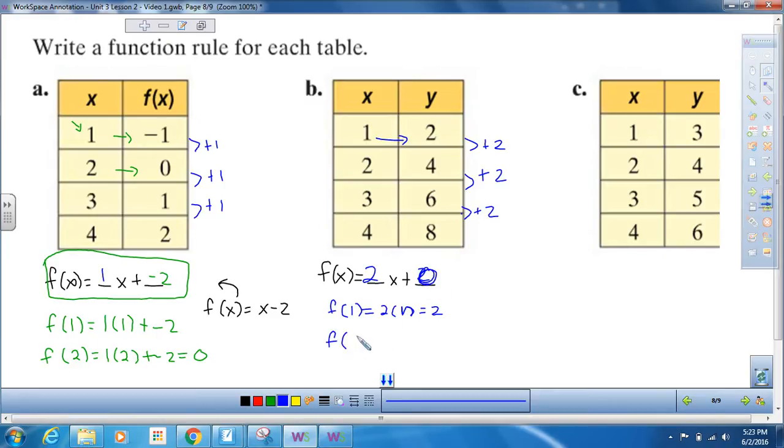Let's check the next one. 2 times 2 plus 0 does give me 4. Okay, so this is my answer. So sometimes you won't see that plus 0, so it could be written f of x equals 2x plus 0.